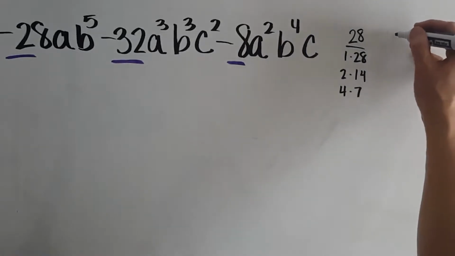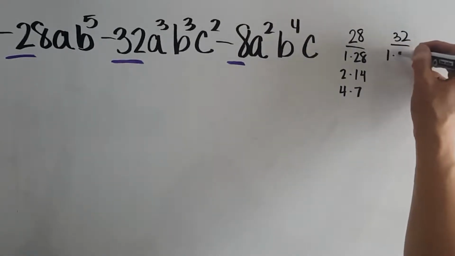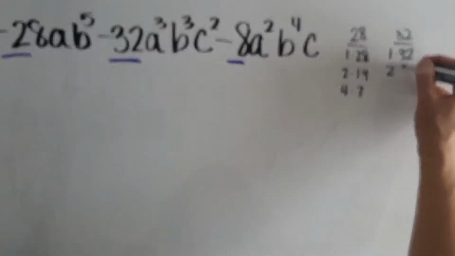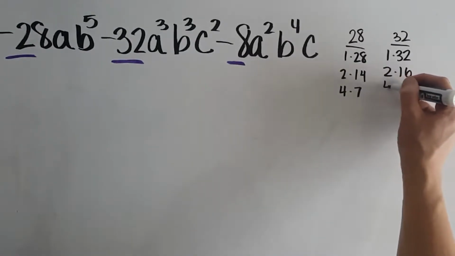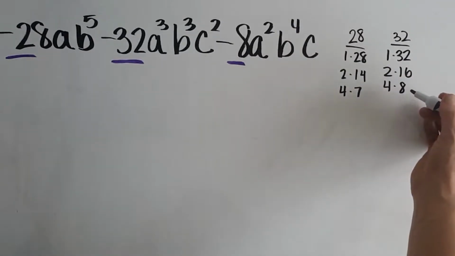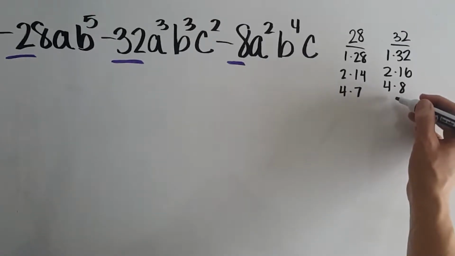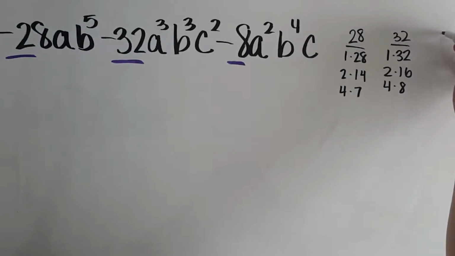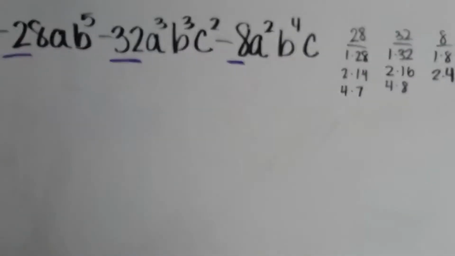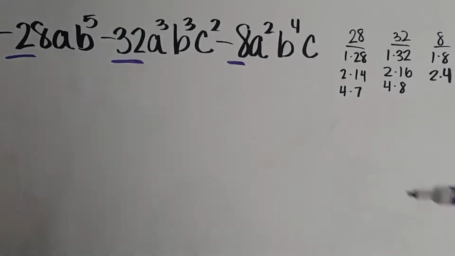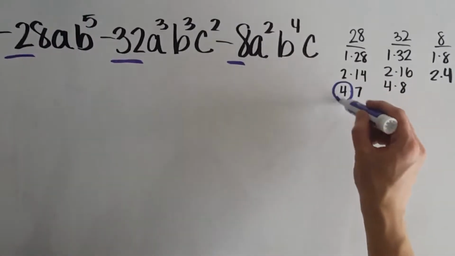I think we stop there. 32 has 1 and 32, 2 and 16, 4 and 8, and that's it. And then 8 would be 1 and 8, 2 and 4. So if I'm looking at these, the biggest factor that they all have in their list would be 4.